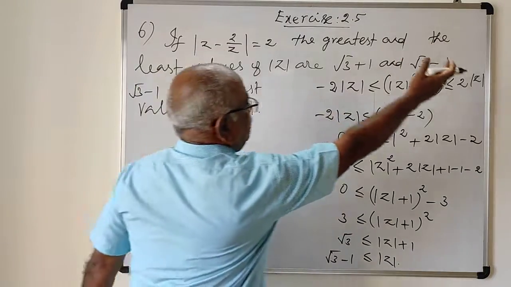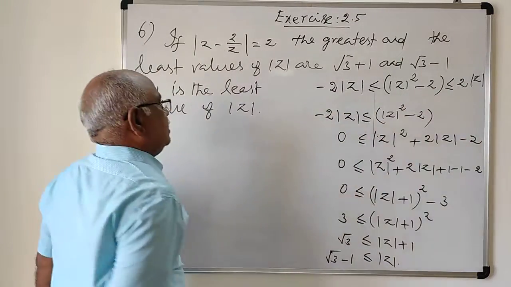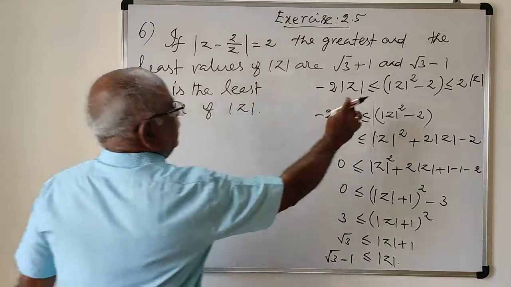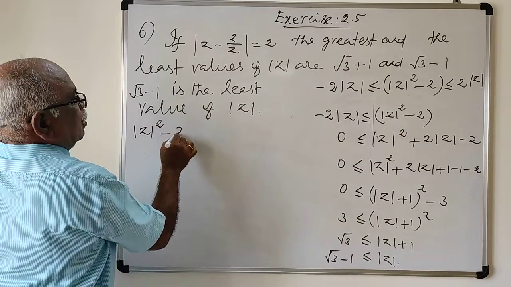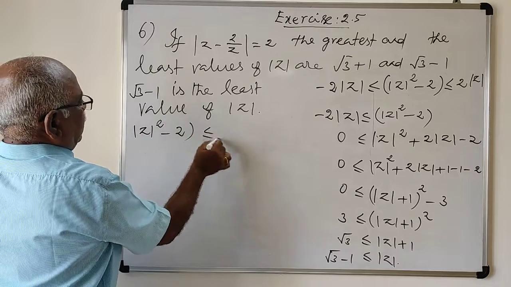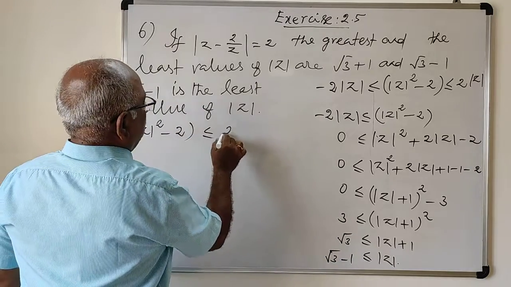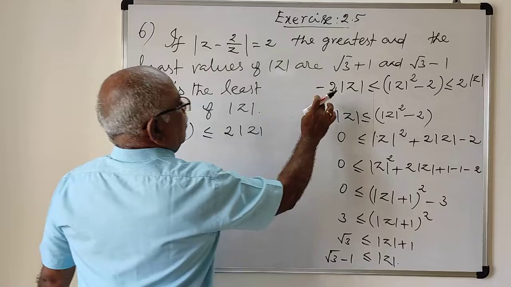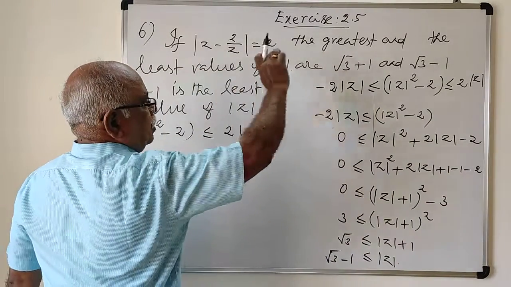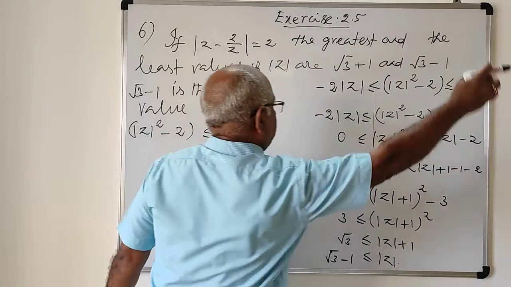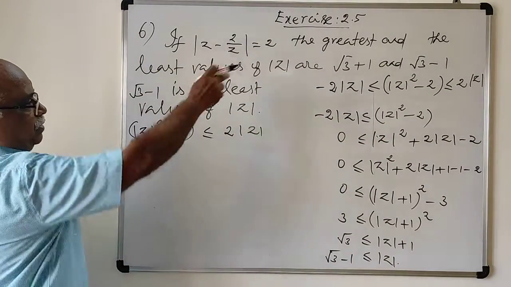And again you consider the right hand side of the expression: mod z square minus 2 is less than or equal to 2 into mod z. By considering the left hand side, I got root 3 minus 1 as the least value. Now I am going to consider the right hand side of the inequality.